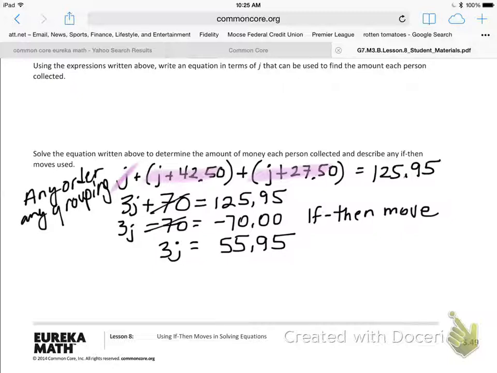But now we're going to do another if-then move, and you can guess what that is. We have one more thing to do to this J term. We need to multiply it by 1/3, which is the reciprocal of the 3, or divide by 3, which is what we are also doing.